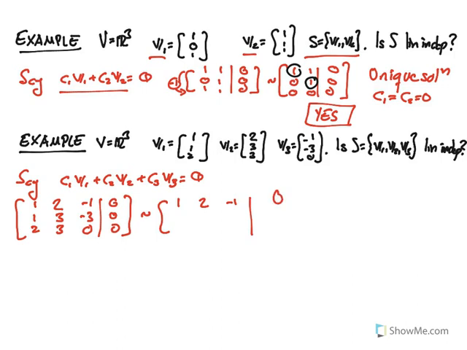I subtract the first row from the second. I get 1, 1, and then -2, right? 0, -1, 2. Is that right? Yes, I think that's right.